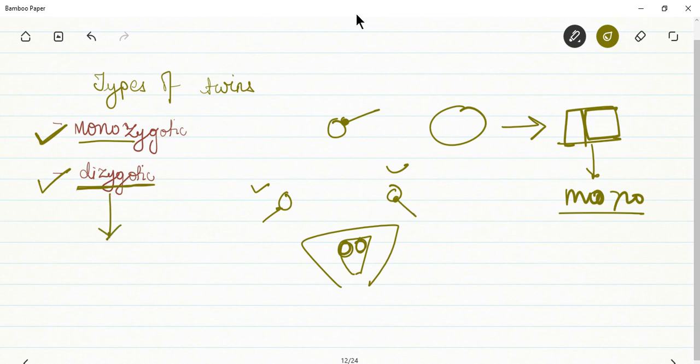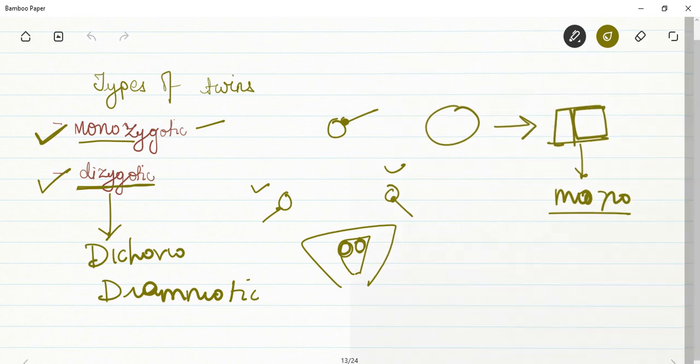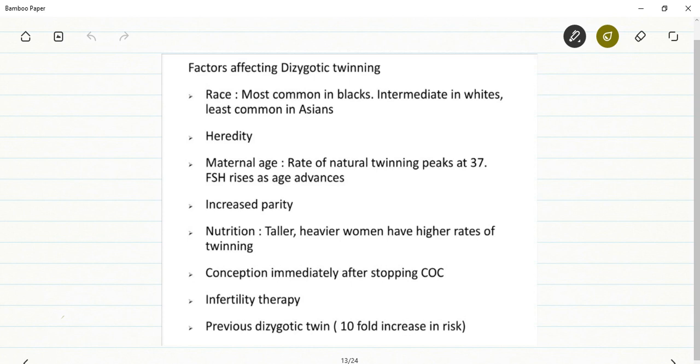Now such dizygotic twins are usually always dichorionic and diamniotic. While monozygotic can have various combinations of chorionic sharing and amniotic sharing based on which period of gestation the embryo actually divides.